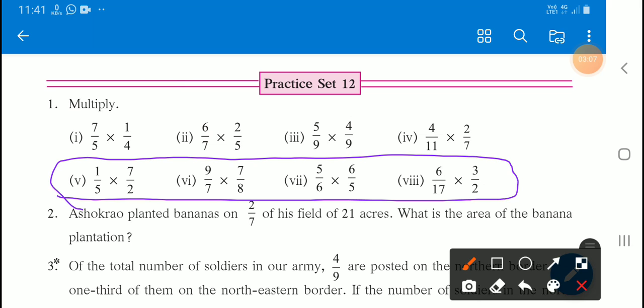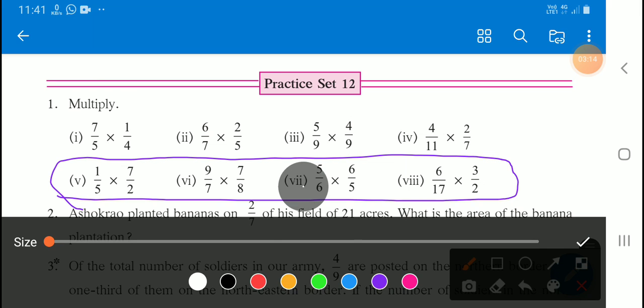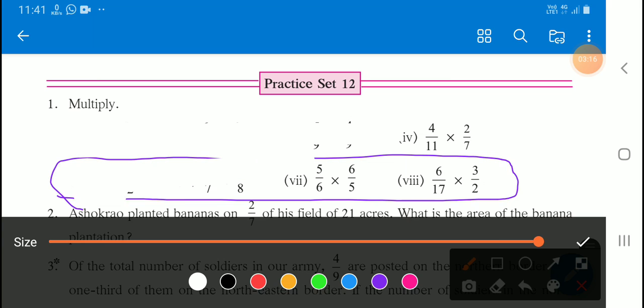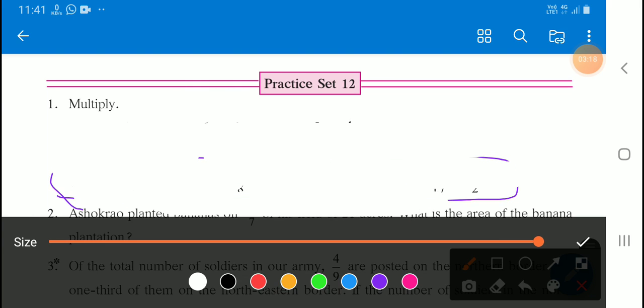So I will tell you how to solve the multiplication examples.